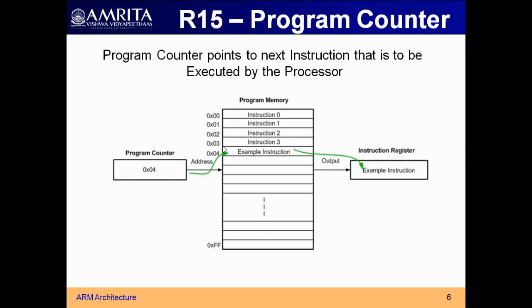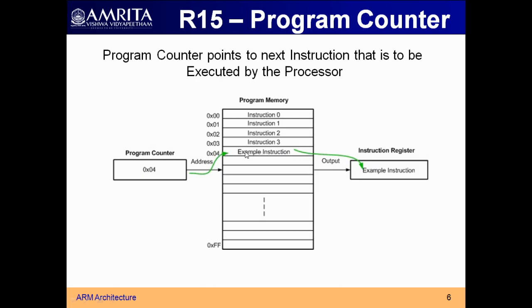After executing all these instructions, the processor will go to the 0x04 address location, which is pointed to by the program counter, and it will execute it. How is it executed? By taking it to the register known as the instruction register. Whatever instruction is to be executed will be present in the instruction register. How will the processor get this instruction? By using the program counter.